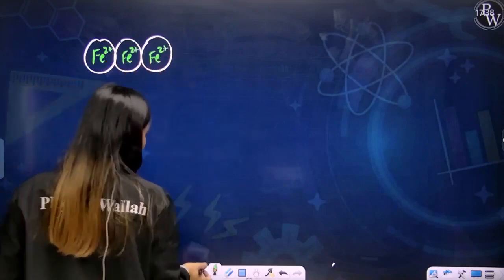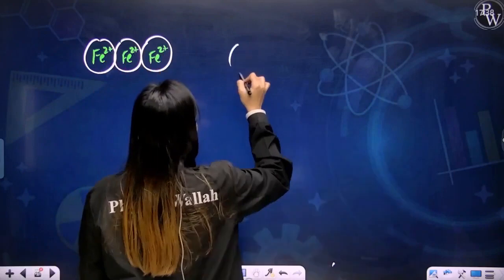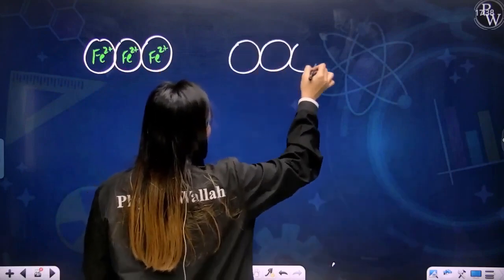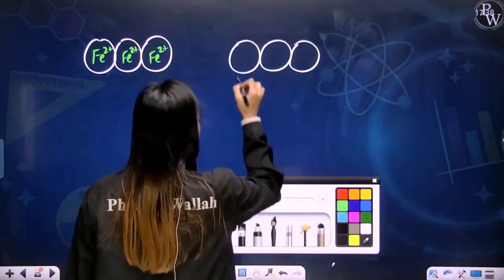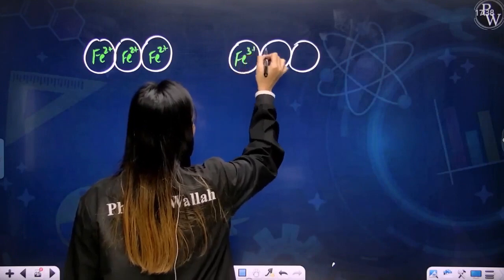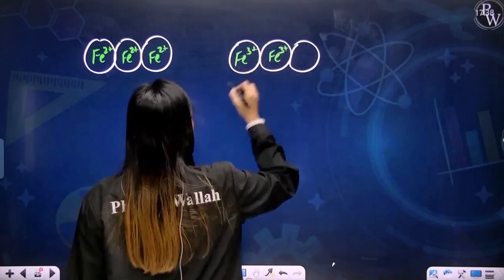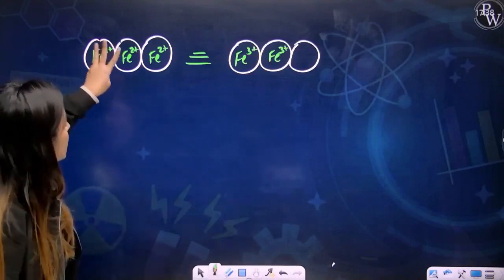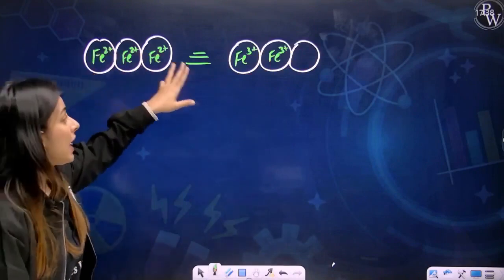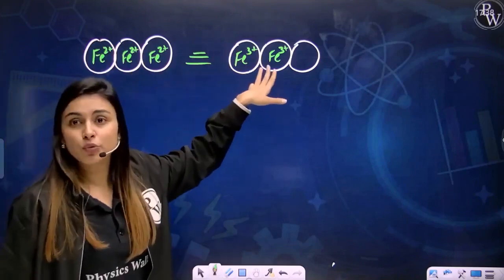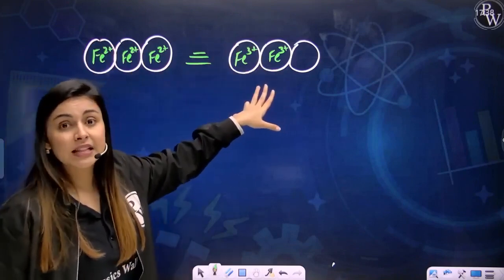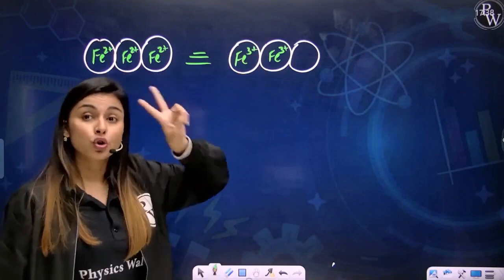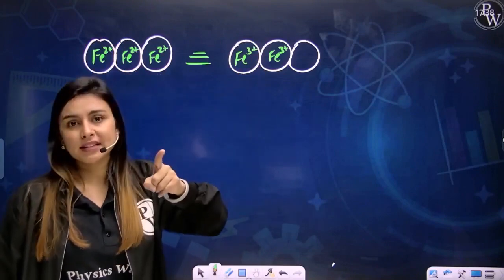Okay, so now if I again write these, and now I want to relate them. Let's say I had Fe3 plus, I had Fe3 plus. So can I say that these three are equivalent? I have 3 Fe2 plus ions, and if I replace the Fe2 plus with Fe3 plus, I can say that it is equal to 2 Fe3 plus plus 1 vacancy.